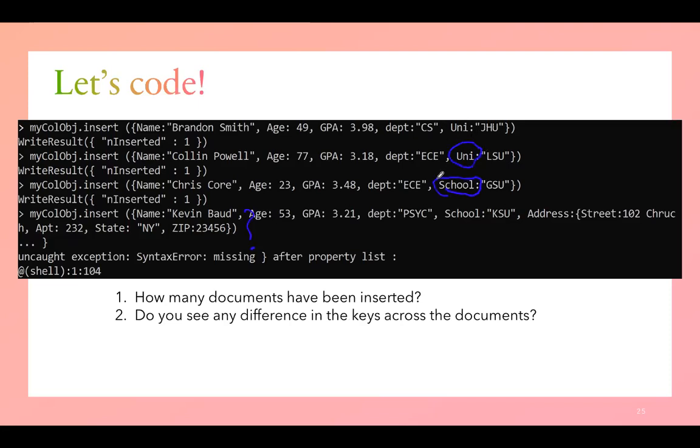These are the keys. You see, too much flexibility, too much liberty is sometimes bad, right? Some user may be inserting a document where he wanted to represent a school as a key that is named Uni.